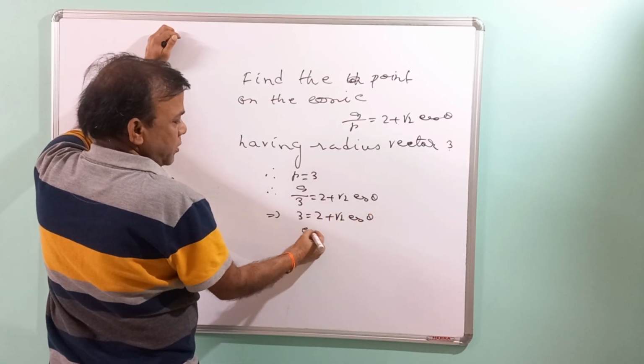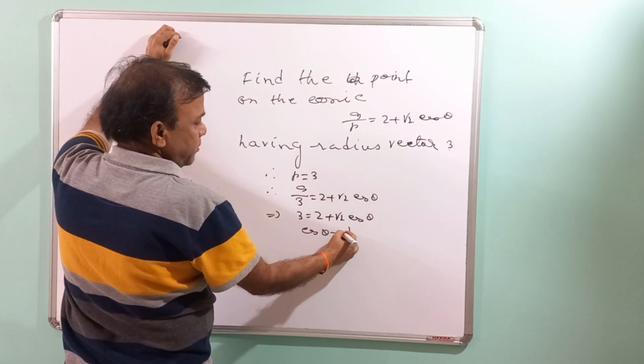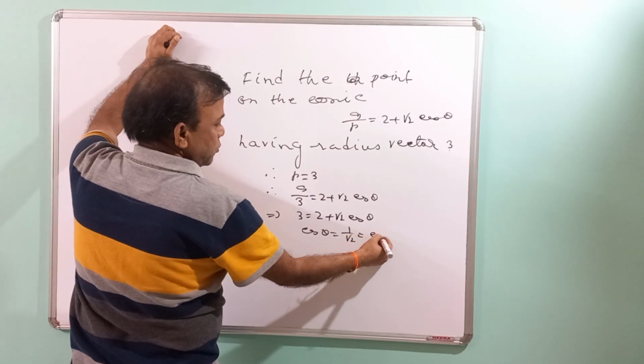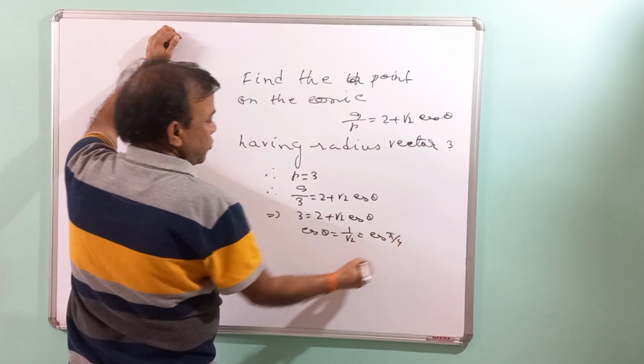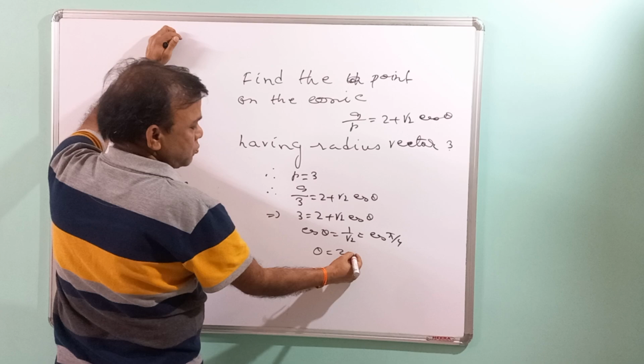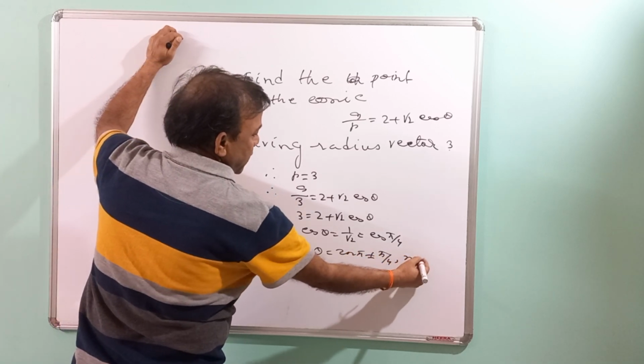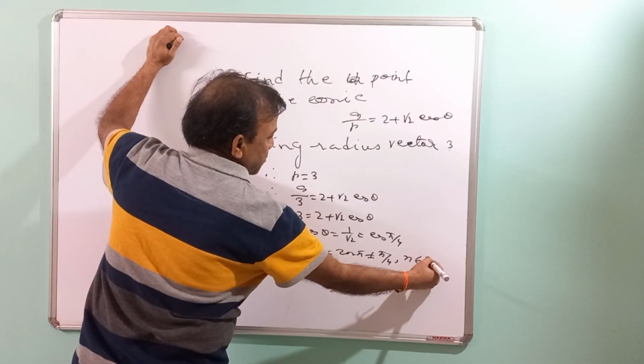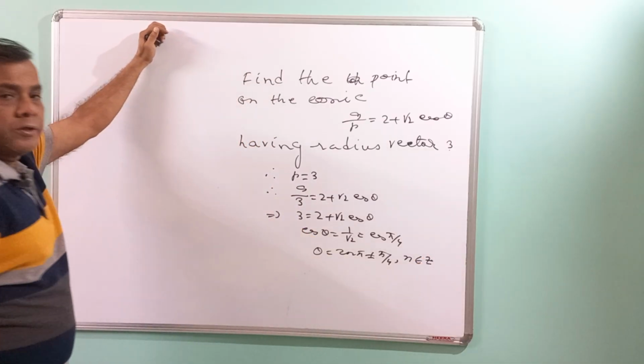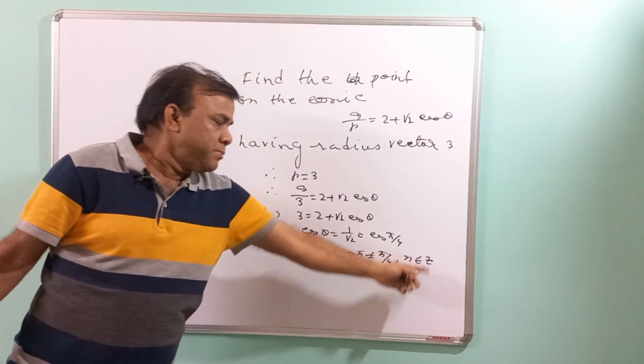Therefore cos theta equal to 1 by root 2 equal to cos pi by 4. Therefore theta equal to 2n pi plus minus pi by 4, where n is any integer. Z is the set of integers.